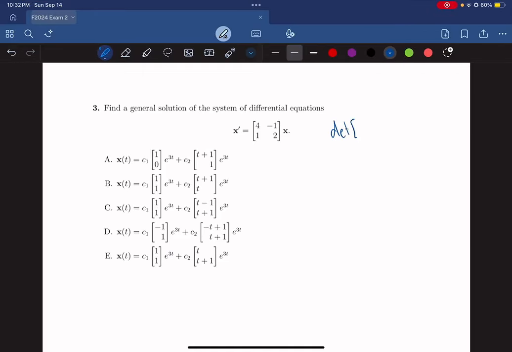So we have our A minus lambda I. Which is going to be this: 4 minus lambda, 2 minus lambda, negative 1, 1. And from there, you're going to do your cross multiplying. So that times that minus that times that.